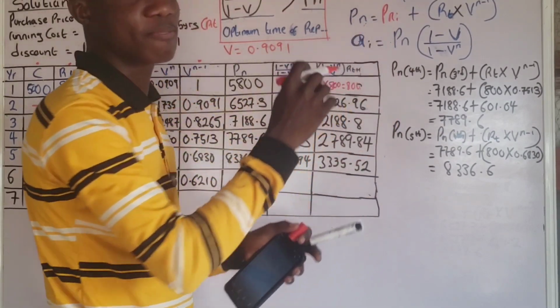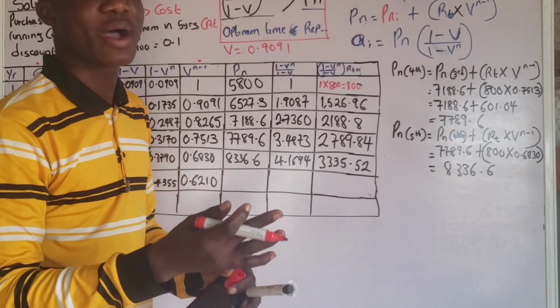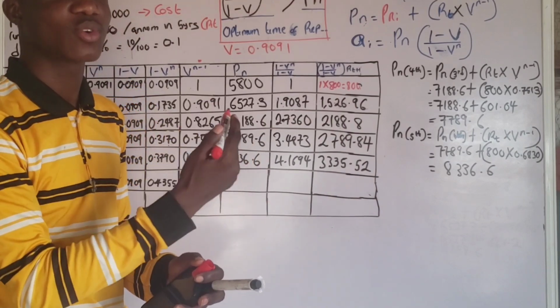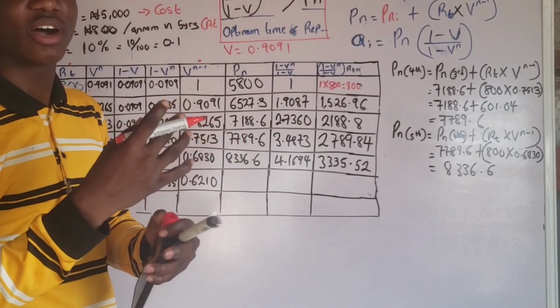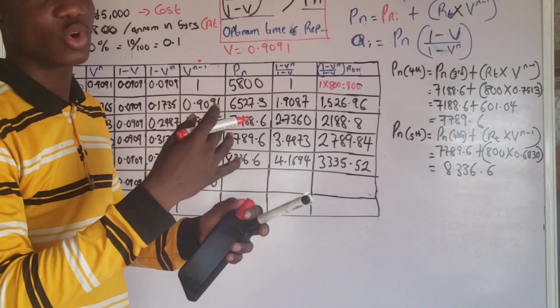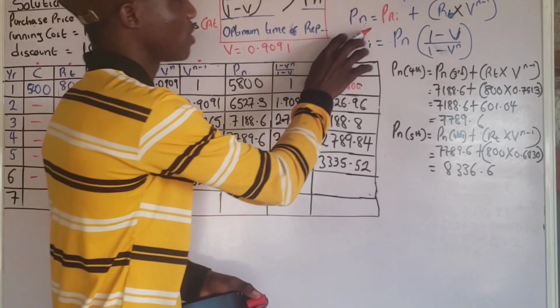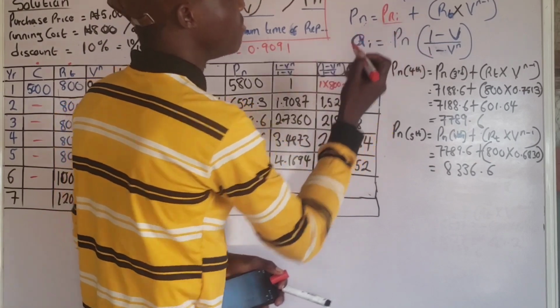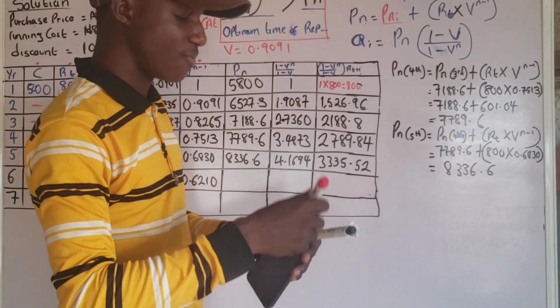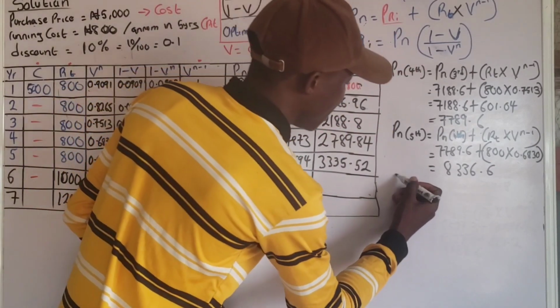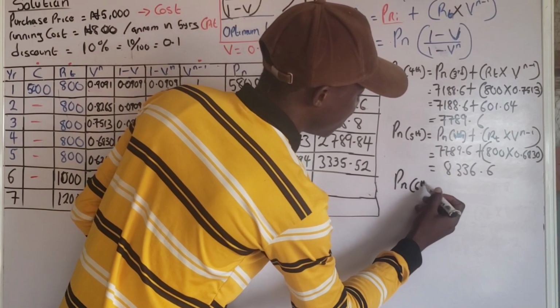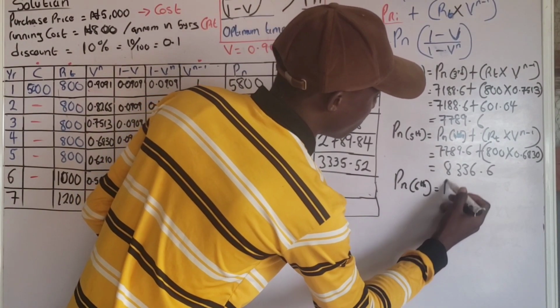The meaning is that the initial total present value of the total cost of the previous year, that's the PN, you understand? So the PN that we're going to be talking about here is the PN of the previous year. For instance, let's say we want to get the value of PN for the 6th year. We're going to have PN of the 5th year.